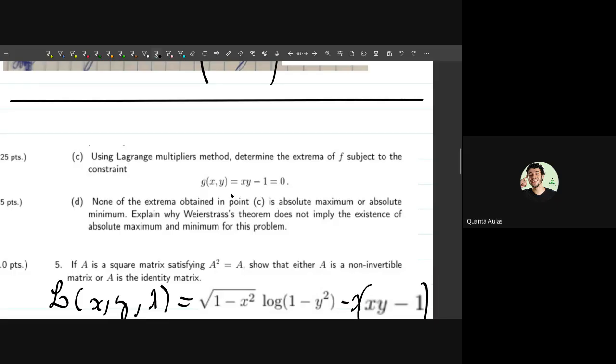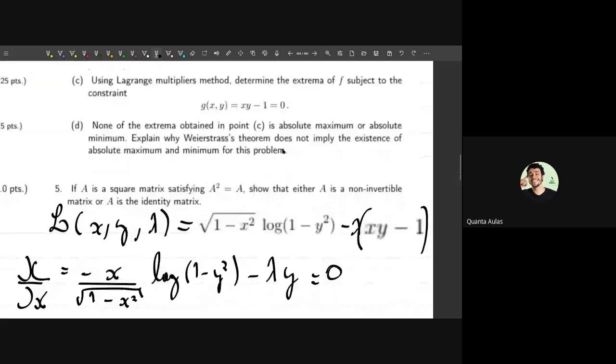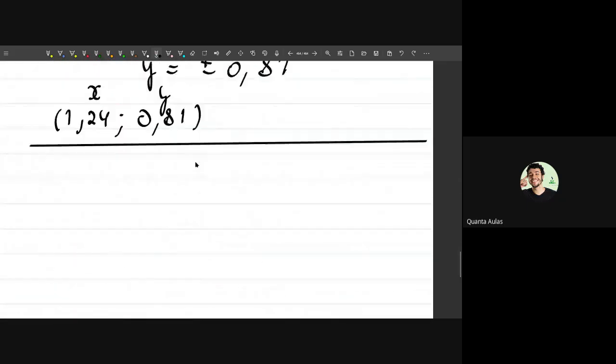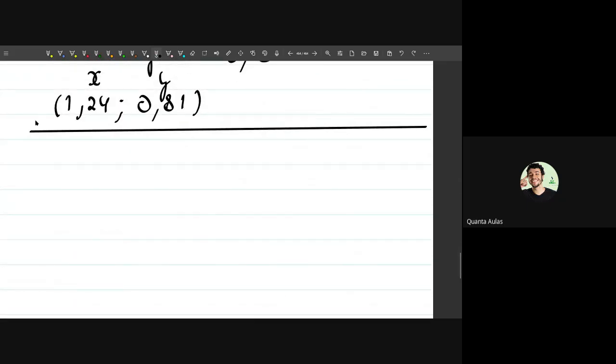The Hessian matrix is a matrix with the second derivatives, okay? But when we are using the Lagrangian multipliers, we cannot. You don't need to use that, okay? You just test the points. It's easier, okay? So you can do this after our class.